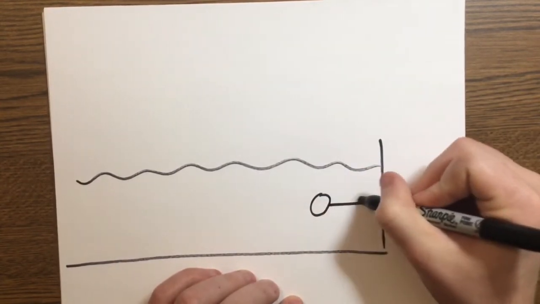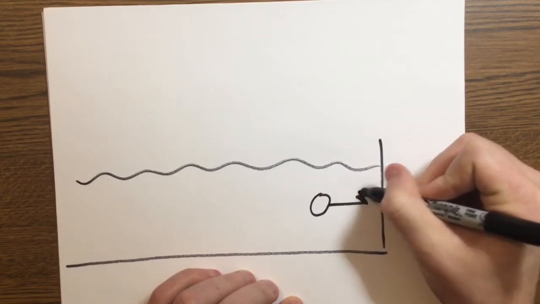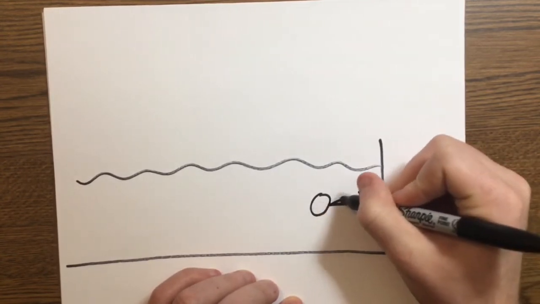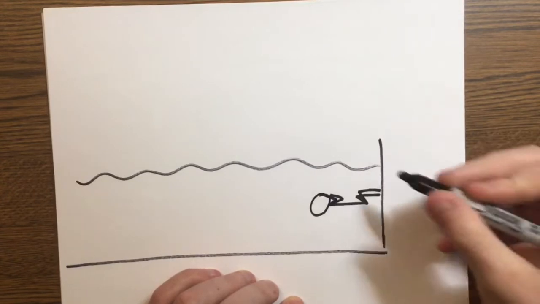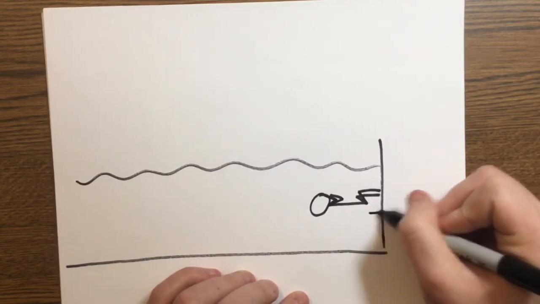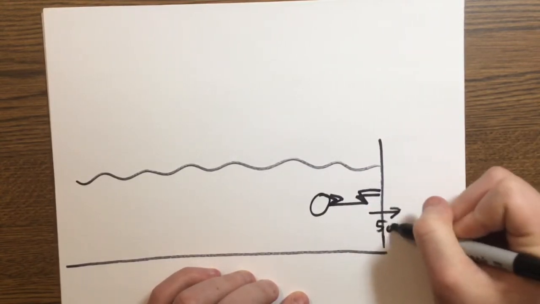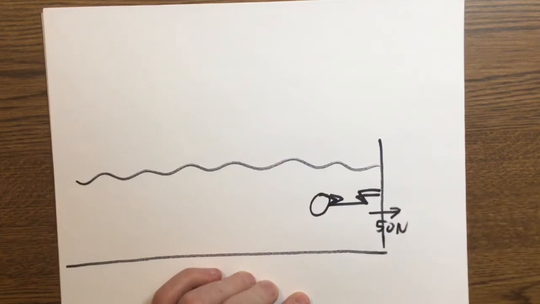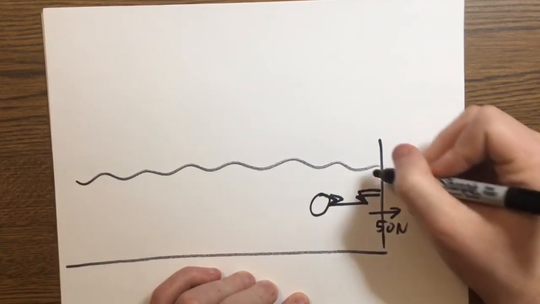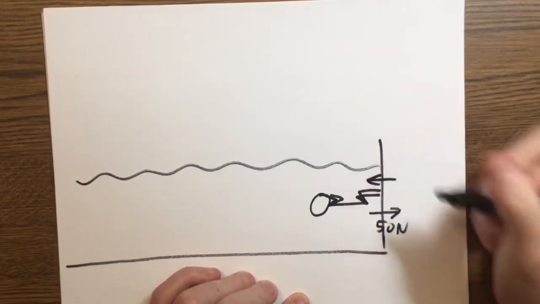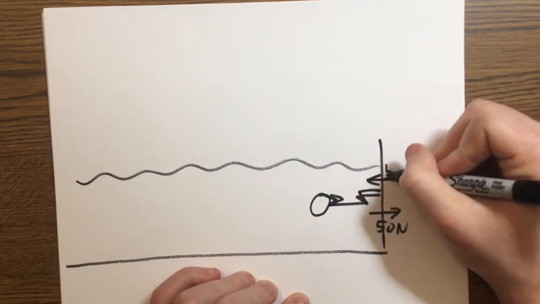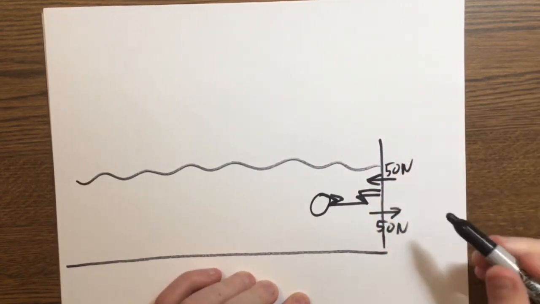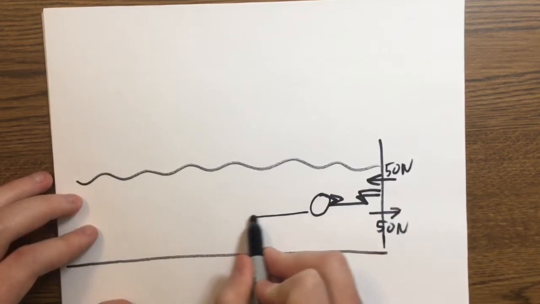So I put my legs up against the wall, and I apply my 50 newtons of force. The wall is going to apply the equal and opposite reaction, so 50 newtons of force, and that's going to drive me forward.